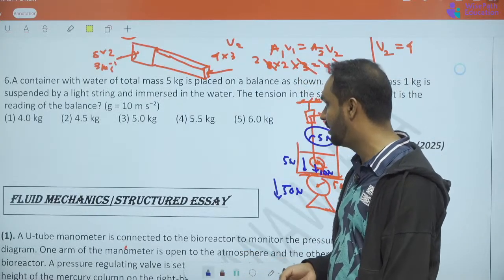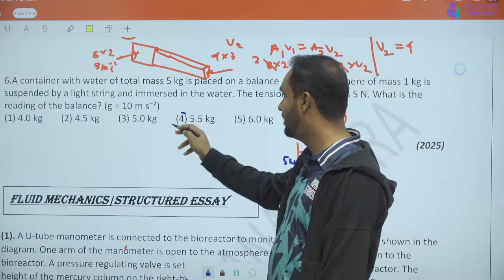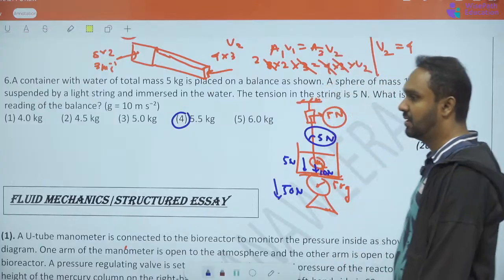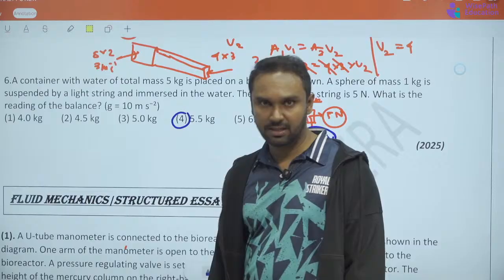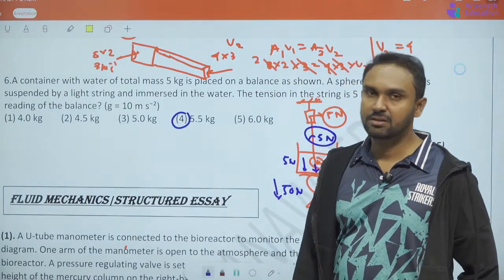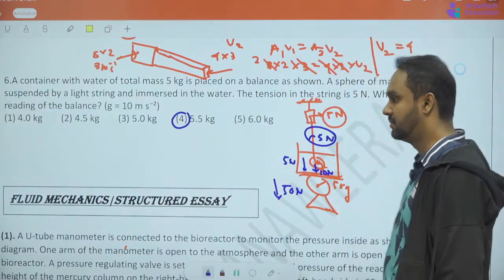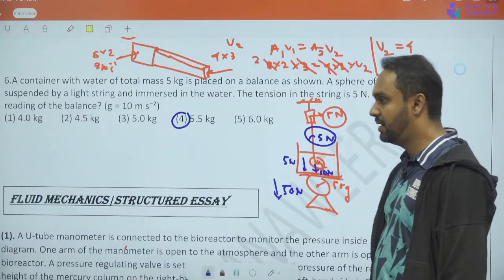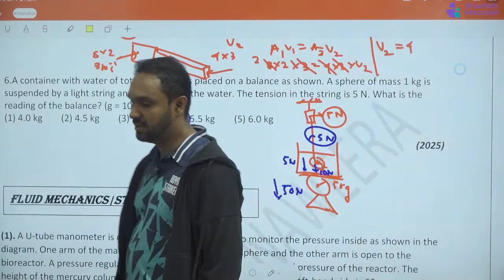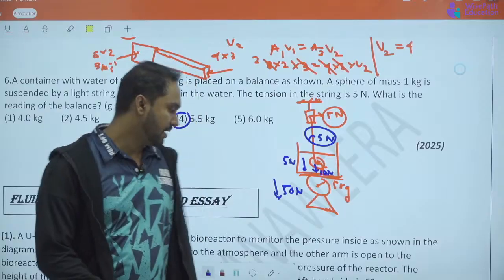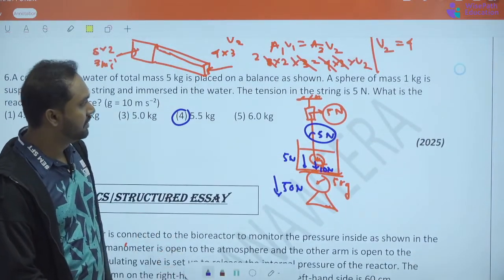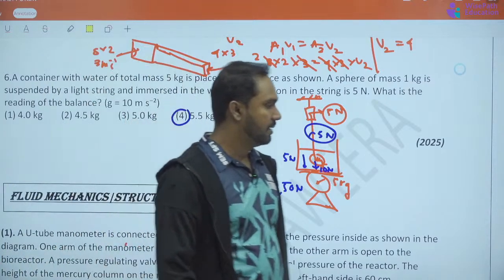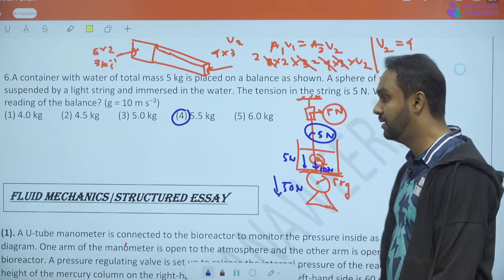Or in kilograms, that will be 5.5 kilograms, because 55 newtons is mass times the acceleration of gravity. So if you divide the weight 55 by 10, it will give you the mass, right? So it's 5.5 kilograms. Right. So that's the answer to this MCQ.